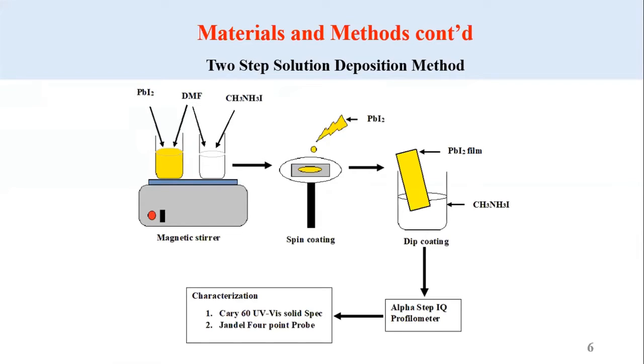And after that, we dipped the film of lead iodide into the solution of methyl ammonium iodide at different dipping times, ranging from 1 hour to 96 hours of dipping. And after that, we measured the thickness of the films and characterized them using a spectrophotometer and a 4-point probe equipment.